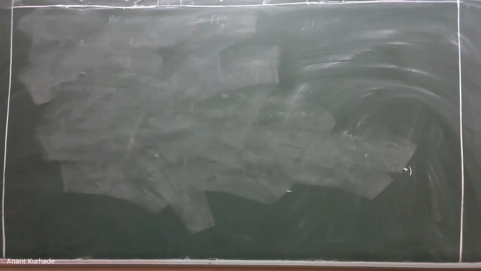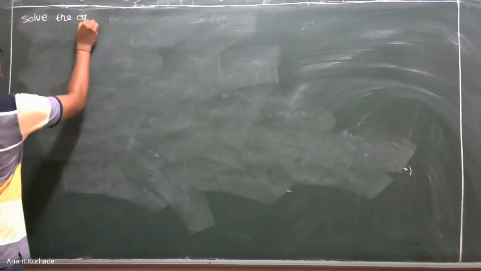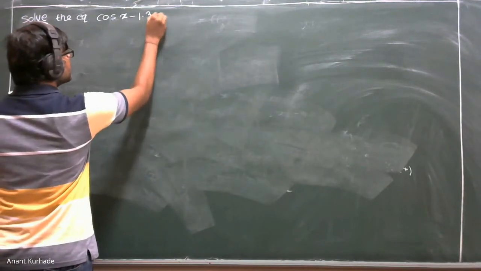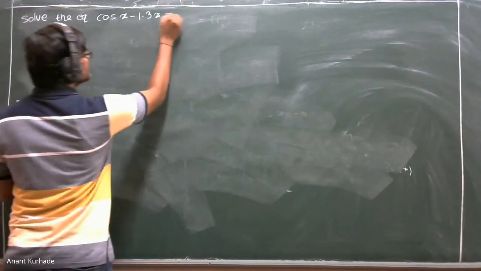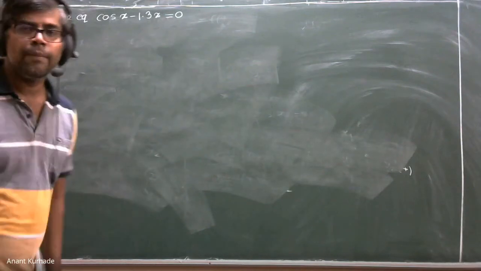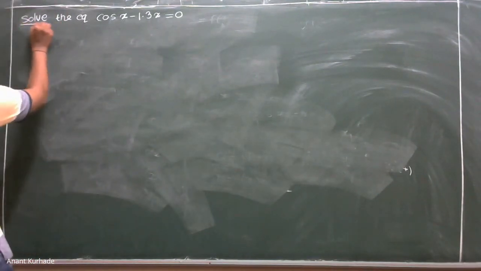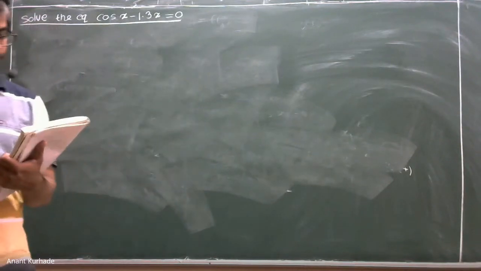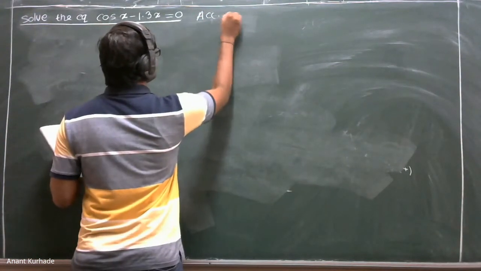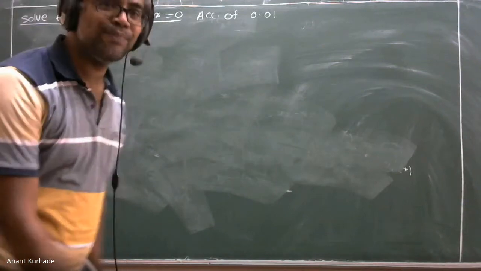Solve the equation cos x minus 1.3x is equal to 0 by using the bisection method, with accuracy of 0.01.